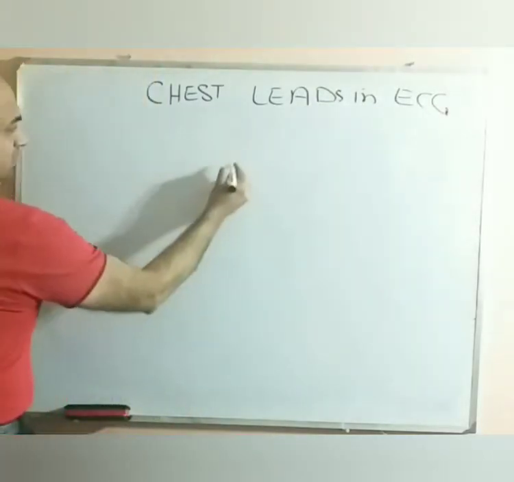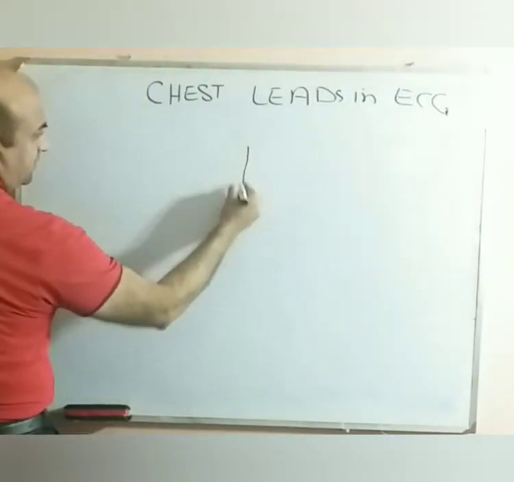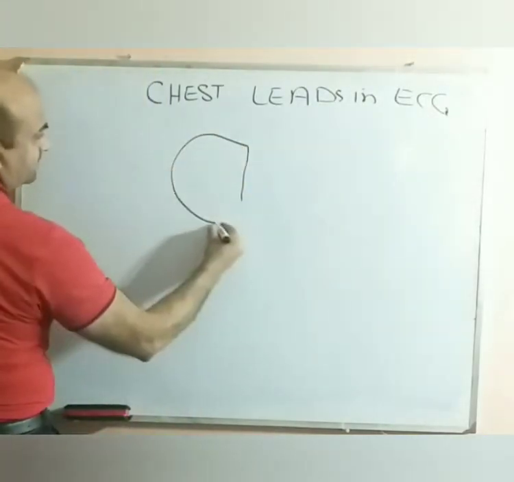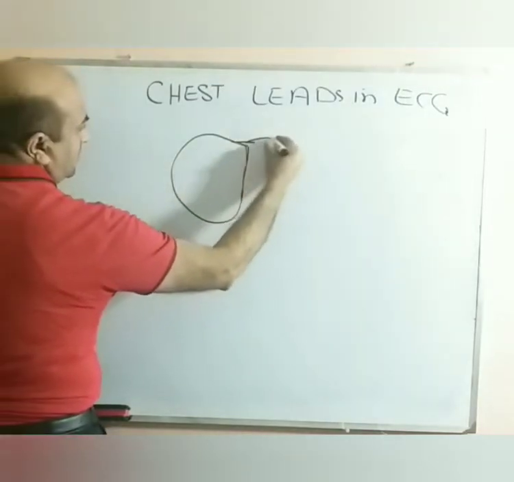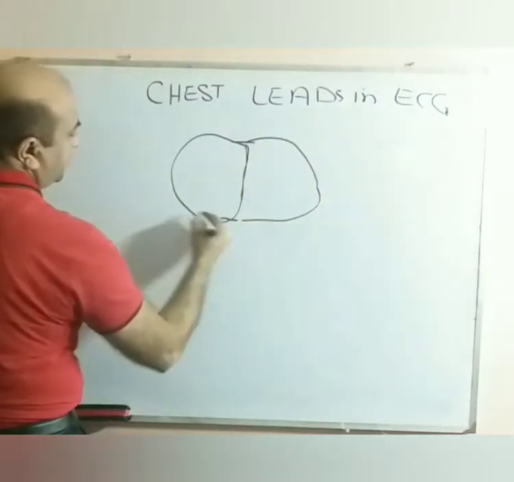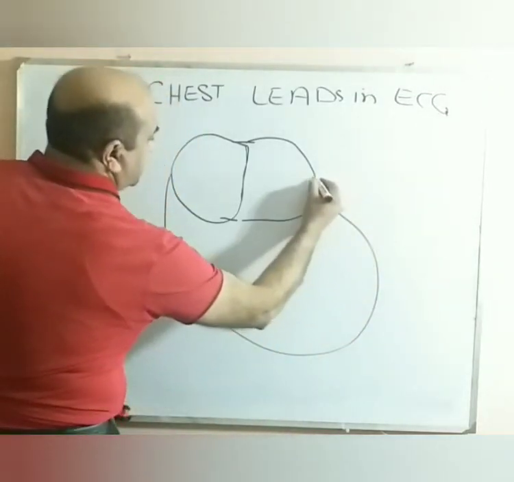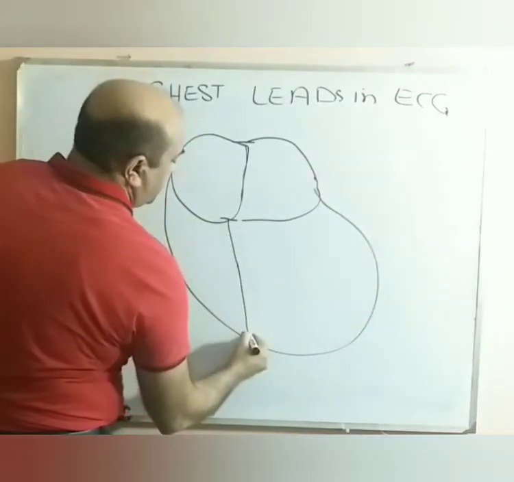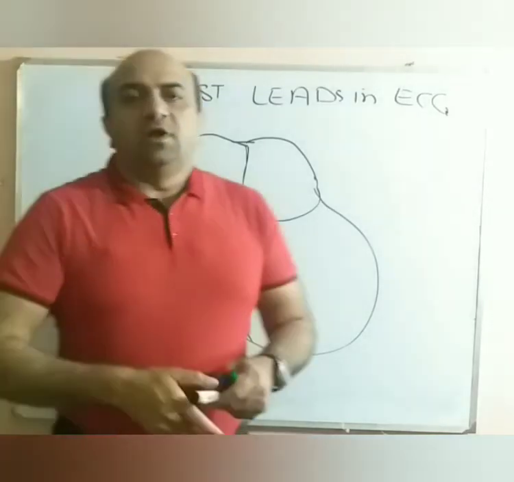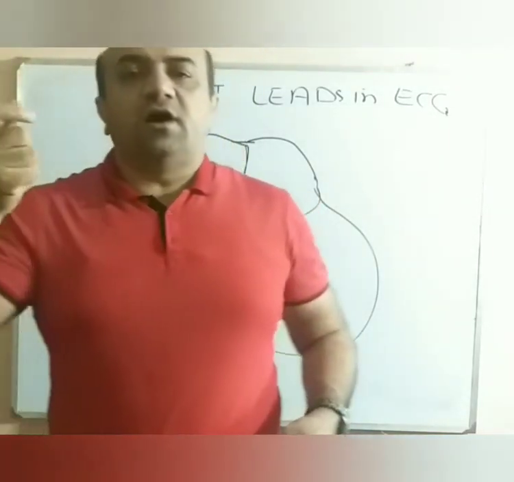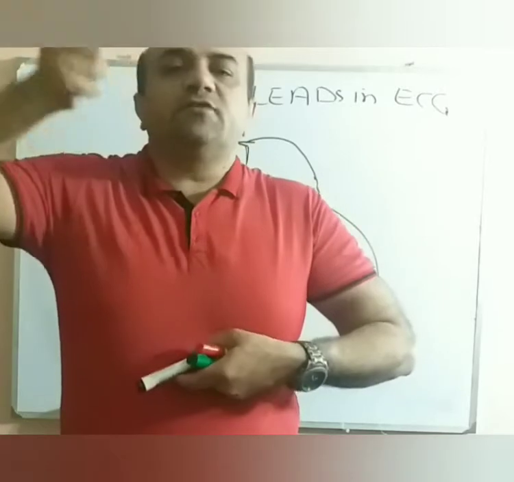Okay, say these are the atria, these are the two atria, and this whole part is the ventricle. This is the septum. The heart is placed in our chest like this. It's like a fist.